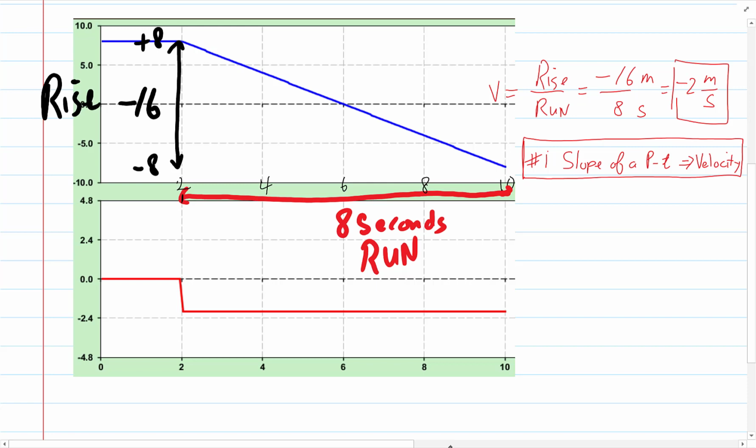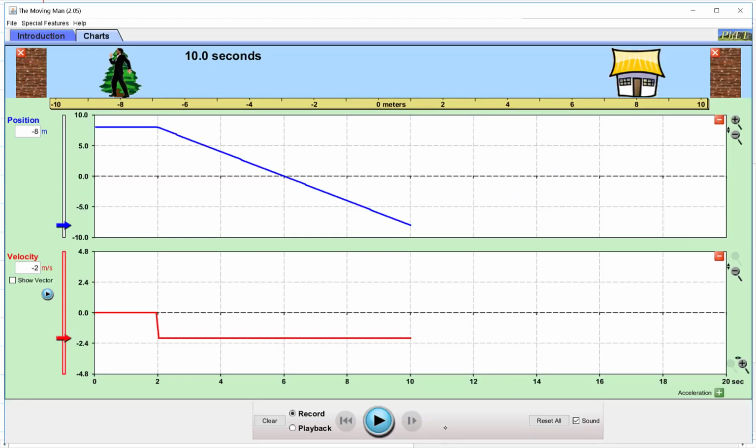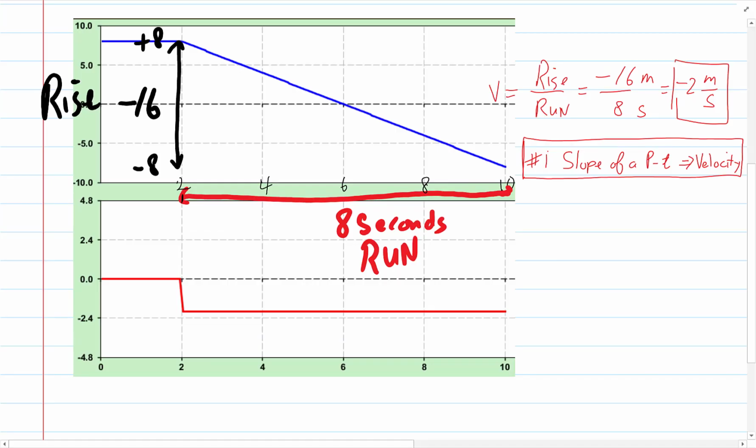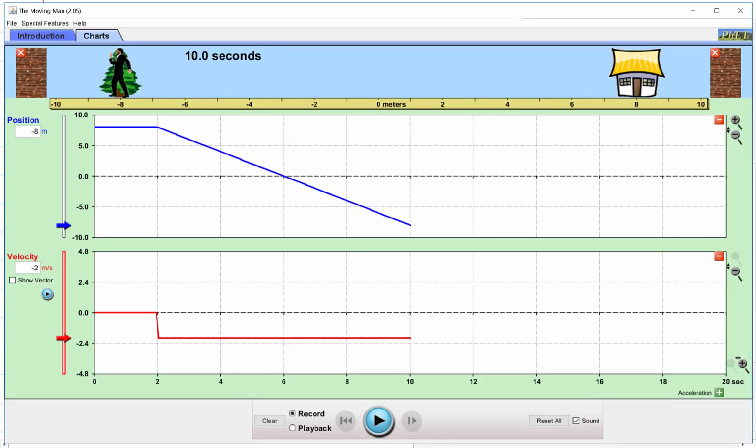Let's just verify that by continuing to play here. At this time, I'm going to change the velocity. And let's make the velocity 4, positive 4.